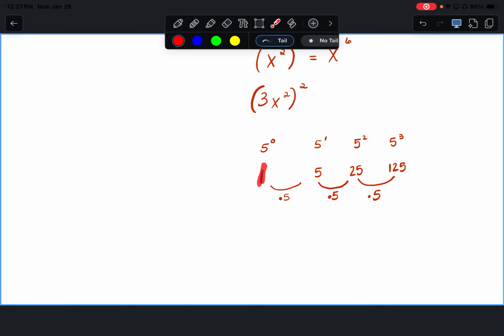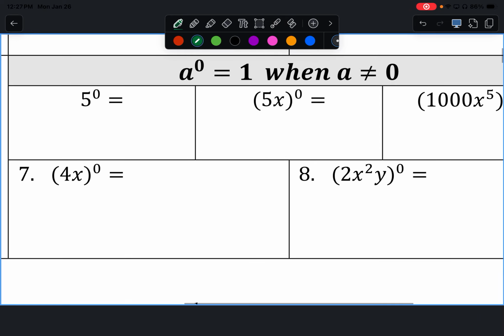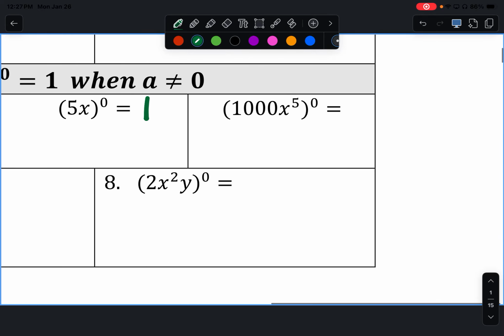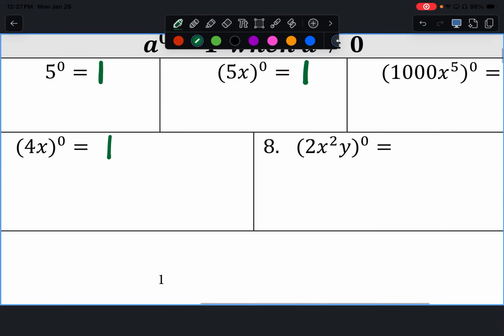Okay? So for our zero exponent rule, we have 5 to the 0, which is 1. 5x to the 0 power, which is 1,000x to the 5th to the 0 power, which is 4x to the 0 power, which is 2x squared y to the 0 power is, all right. I love those. Those are great.